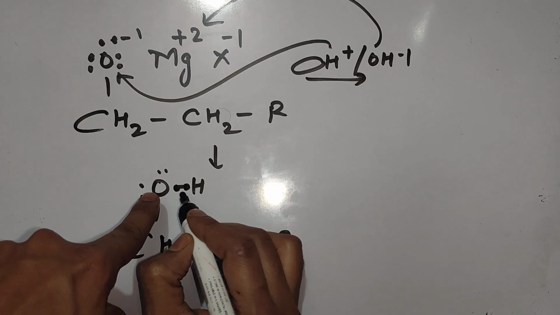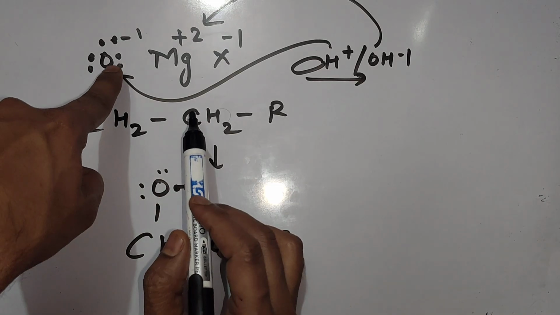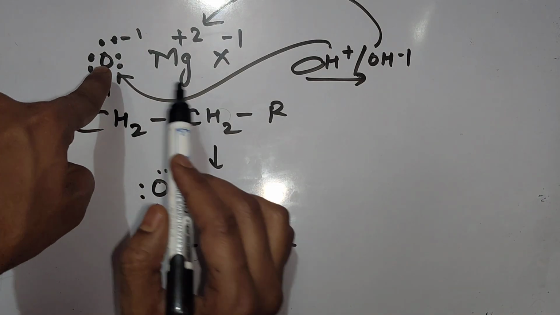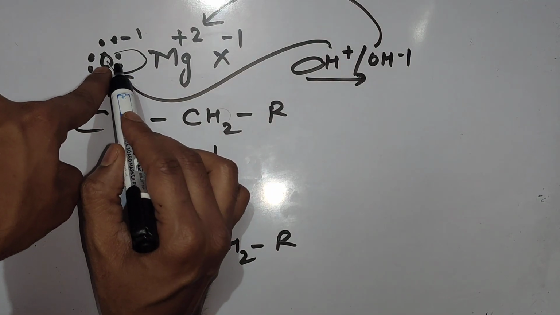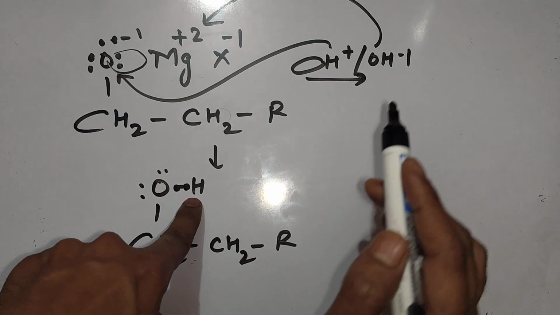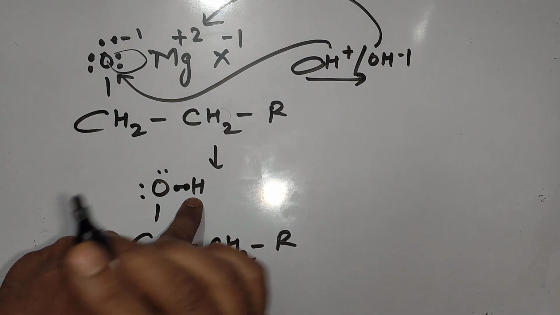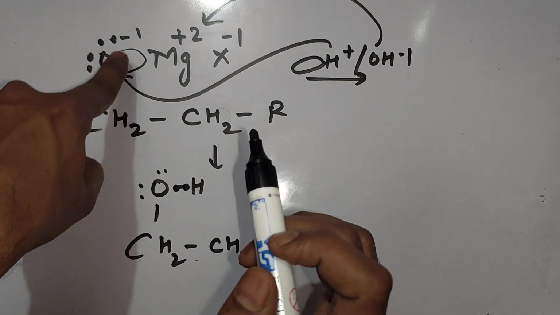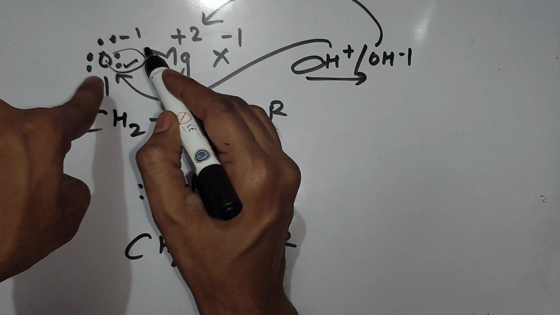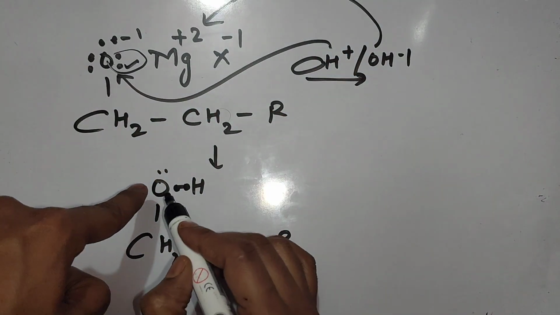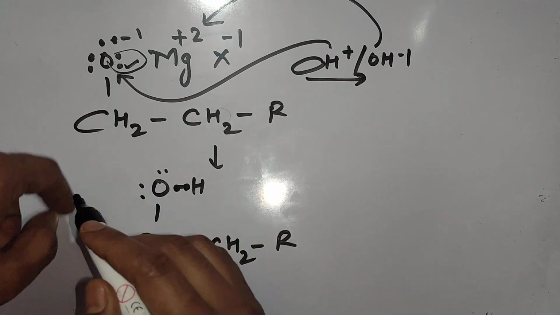Check this. In this lone pair, 1 electron is completely shifting toward hydrogen, so hydrogen's charge will finish. It will become neutral. And oxygen was carrying -1 due to this extra electron. This it has provided toward hydrogen, so its charge will also finish.